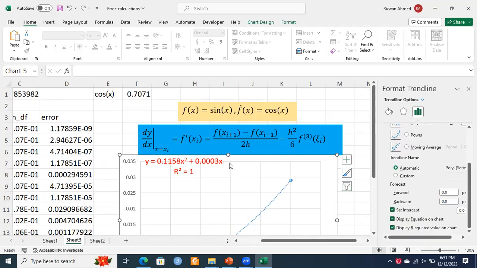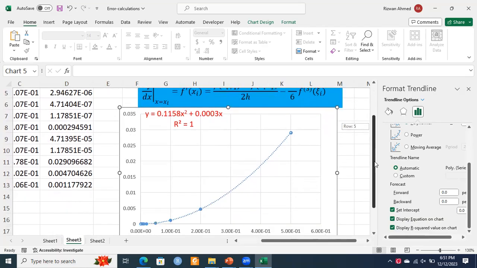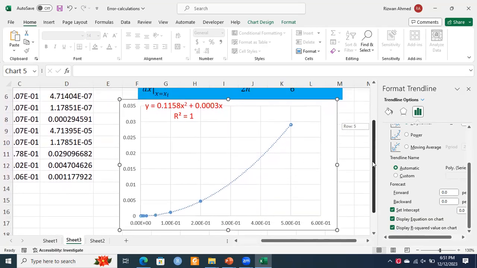Therefore, the intercept, the constant in the expression, has been eliminated. Now the equation on the chart and the r squared value. So it seems it's a perfect model for the data and for our experiment. It means the error varies with the h squared value.